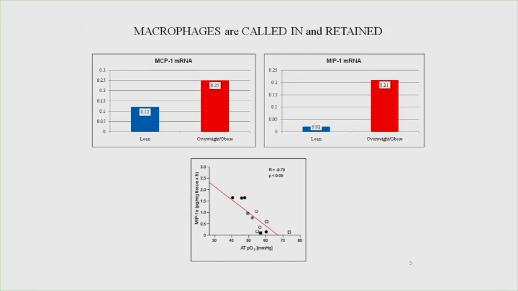The visceral fat releases monocyte inhibitory protein to keep the white cells from leaving. The more visceral fat, the lower the oxygen, the greater will be the monocyte and later macrophage infiltrate.